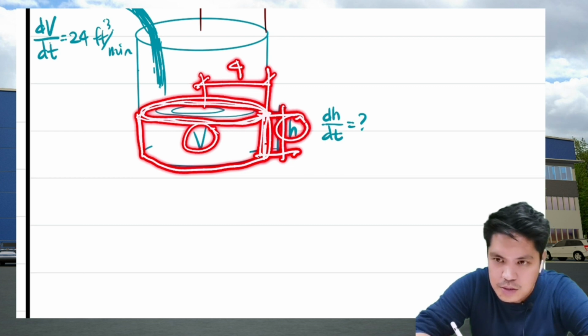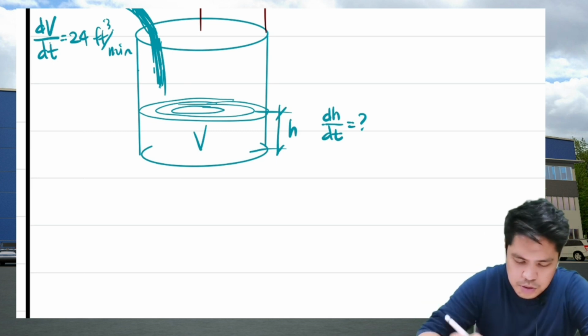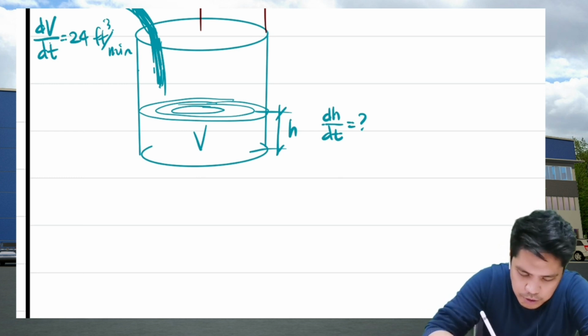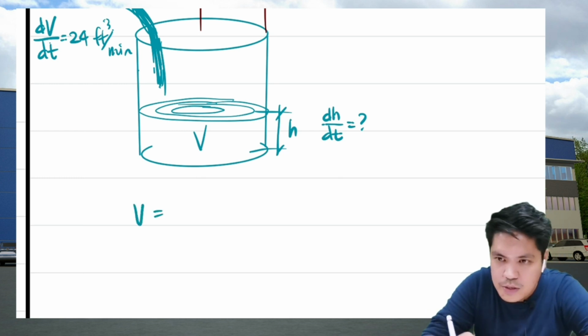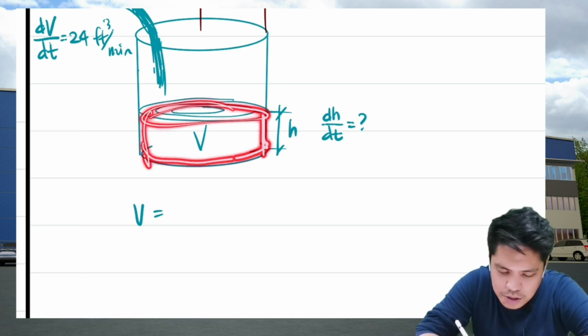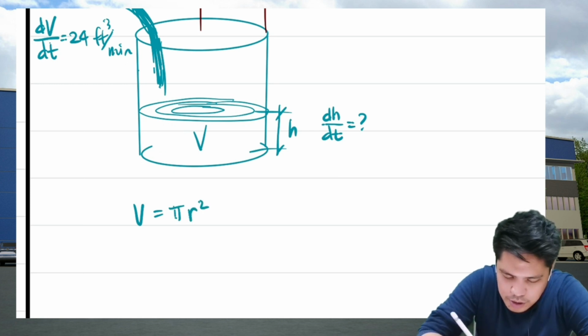These are now our dependent and independent variables. To compute the volume inside the tank at any particular time, the volume is equal to the volume of the cylinder, which is pi r squared times h.